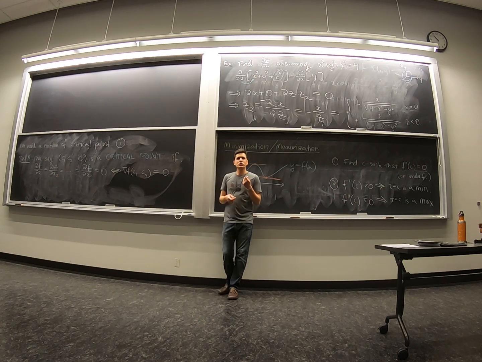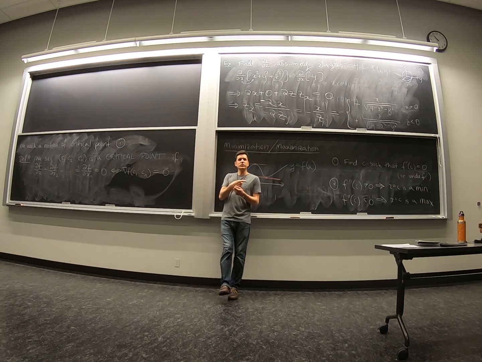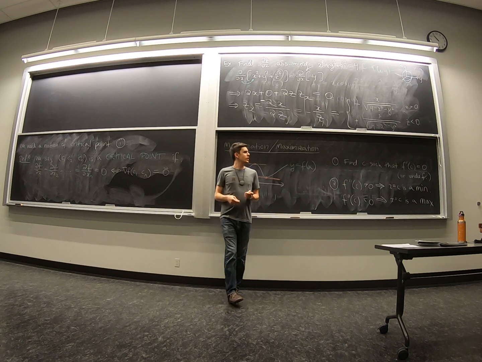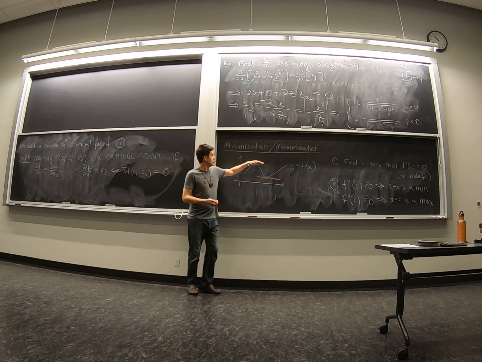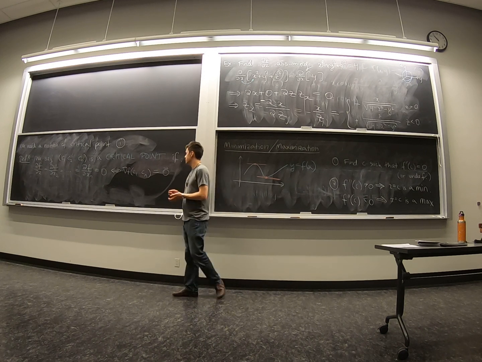And if your gradient is the 0 vector, then in any direction that you travel, you won't increase, right? If your gradient is 0, then any directional derivative will also be 0. So that corresponds in a very strong sense to having a horizontal tangent line. Right? If your gradient is 0, you have a horizontal tangent plane.